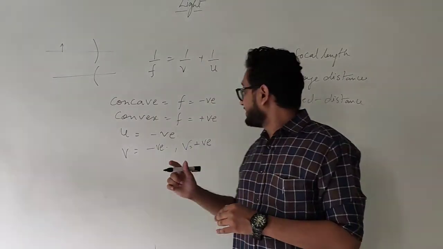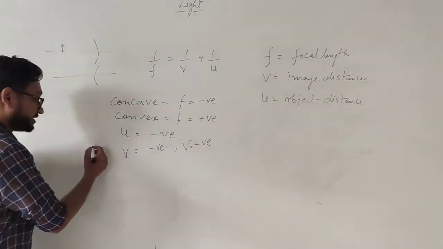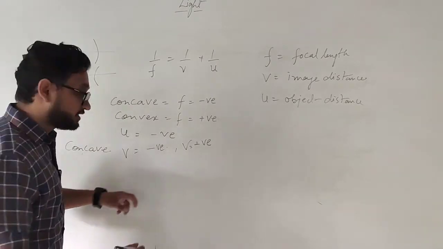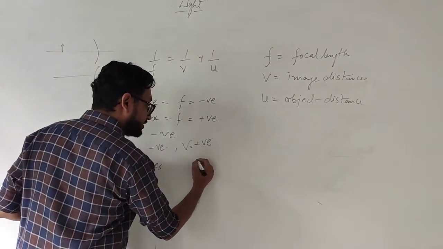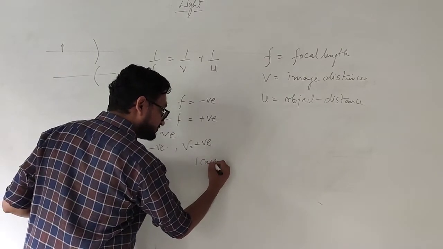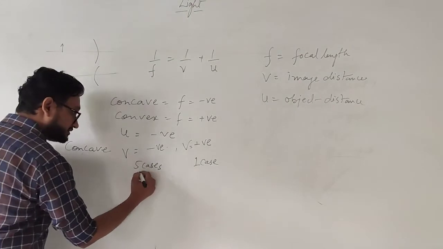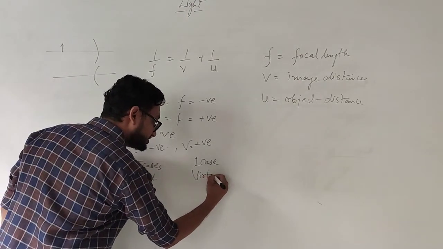Okay students, and for the case of convex mirror, this is for concave mirror, we will have v negative in 5 cases, and in the last case we will have one case, that is virtual image, we will have positive. So I will write once again, this has real images and this has virtual images.